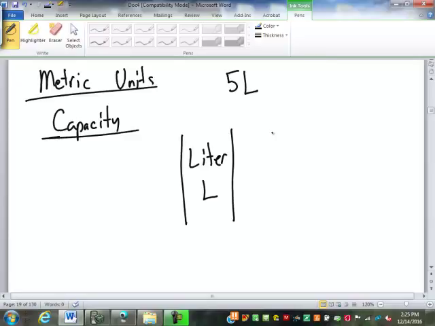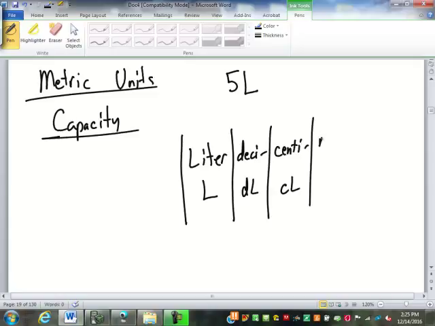So just like with meters, going smaller than a liter, we had deciliters. So that's abbreviated with a DL. And centiliters, abbreviated with a CL. And milliliters, abbreviated with an ML. Going larger, we had deca, decaliter.